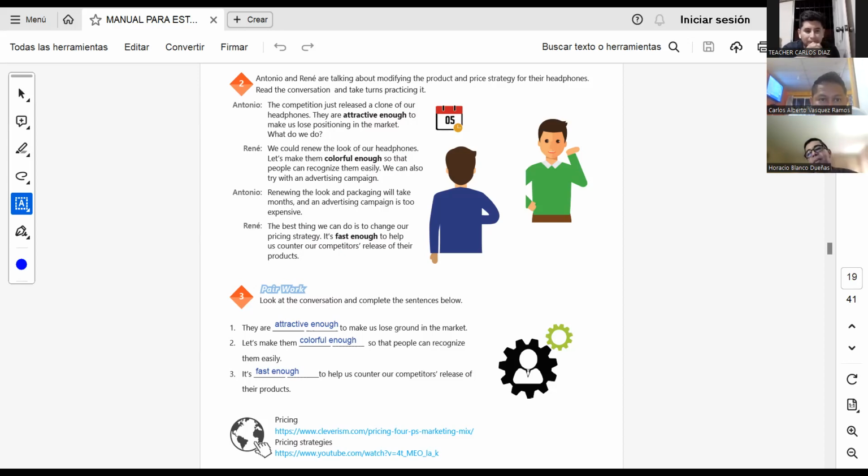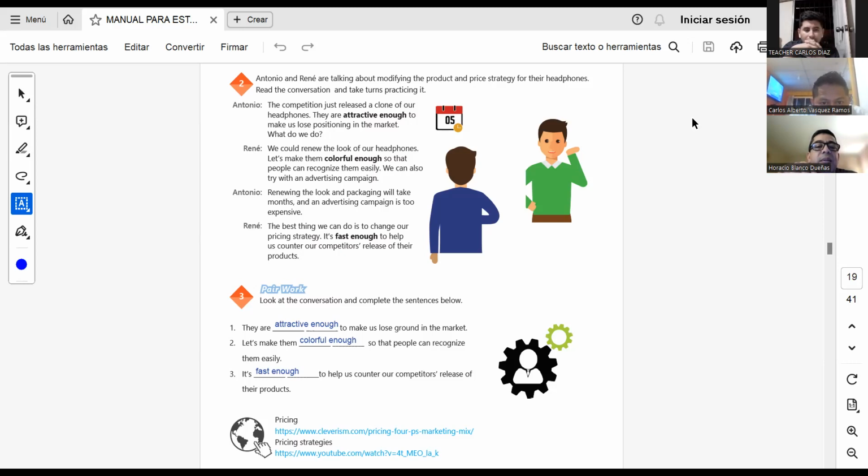The competition just released a clone of our headphones. They are attractive enough to make you lose positioning in the market. What do we do? We could renew the look of our headphones. Let's make them colorful enough so that people can recognize them easily. We can also try with advertising campaign.